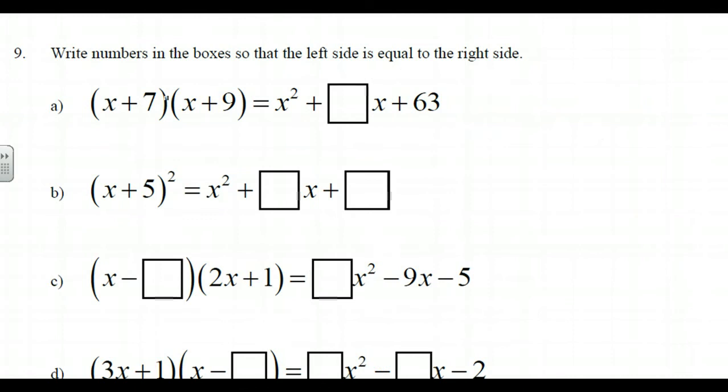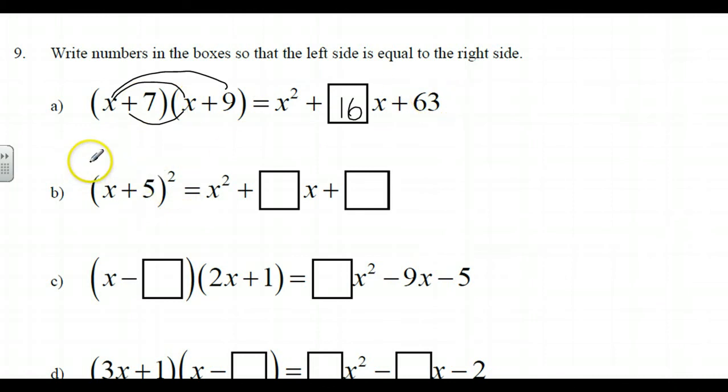Okay, last thing. Write numbers in the boxes so the left side is equal to the right side. So we know, using FOIL, that the first term, the x squared, only comes from that. We have a 9x and a 7x. So 9 plus 7 is 16, and 7 times 9, that's 63, only comes from the last two terms.